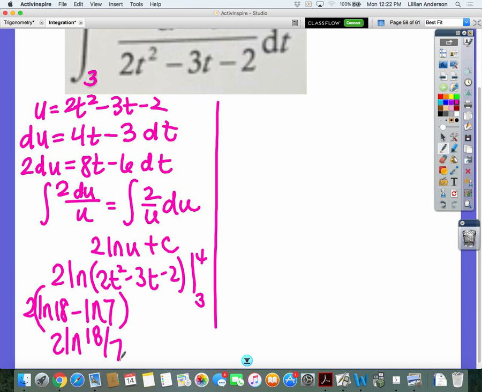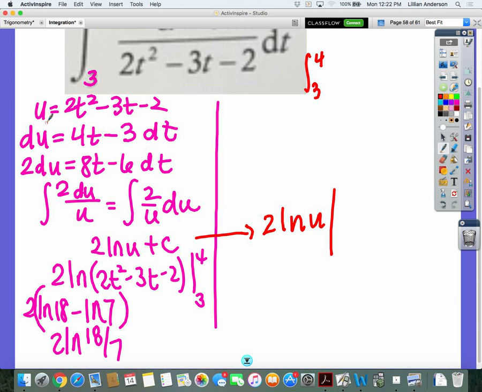Another way you could do it, still using U substitution, so you still would have had to do these 2 steps. But when you get down to this part of the 2 ln u, you can evaluate it with different bounds. Those bounds are originally from 3 to 4.